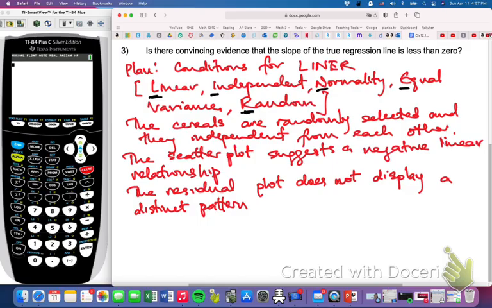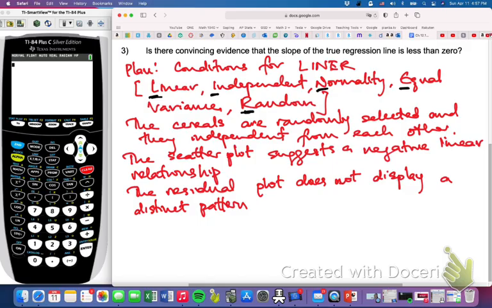But in this case, the residual plot has a lot to do with satisfying the equal variance condition, because you have to look at the residuals, and equal means you look at the line y equals 0, and there is an equal number of points above y equals 0 as well as below y equals 0.